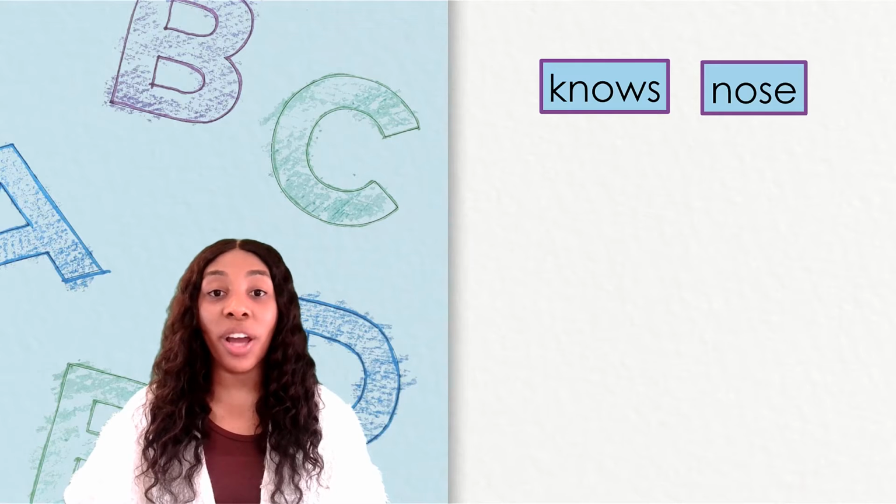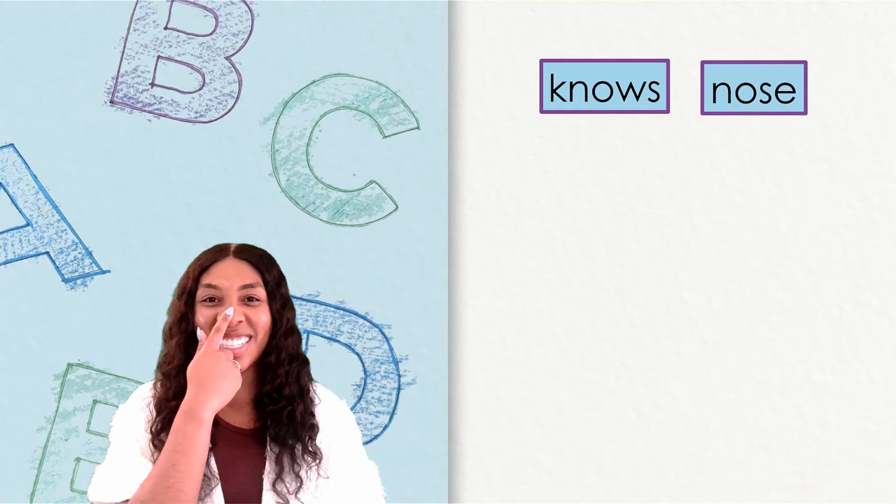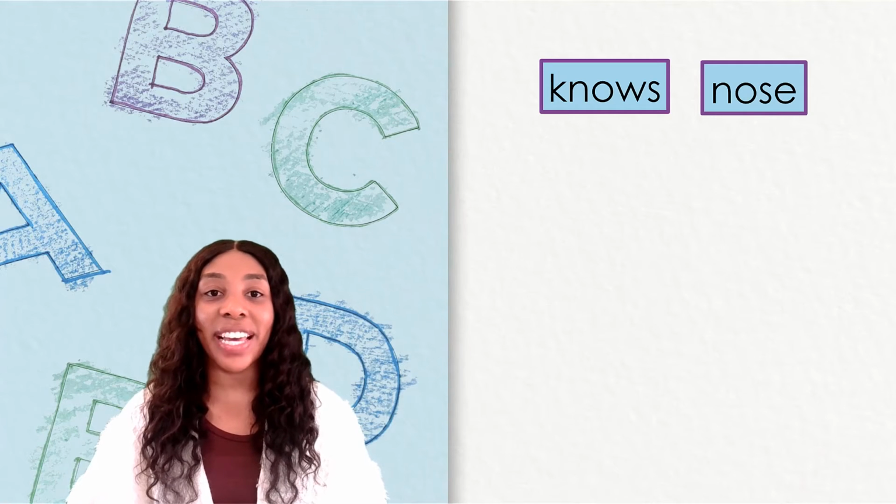Nose, spelled N-O-S-E, talks about a body part on our face that helps us smell. Go ahead and point to your nose. As you can see, we have our nose right here on our face.